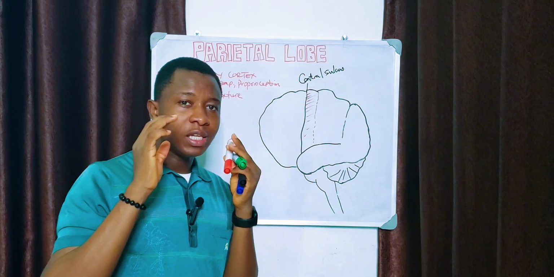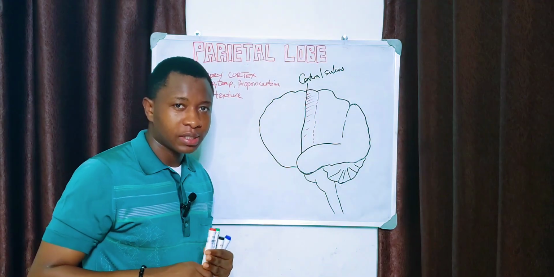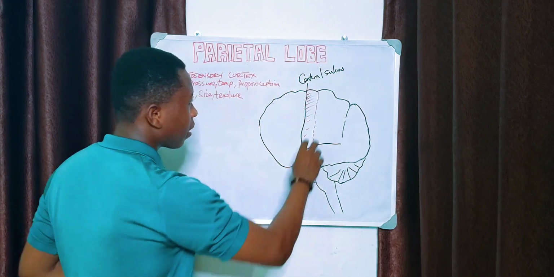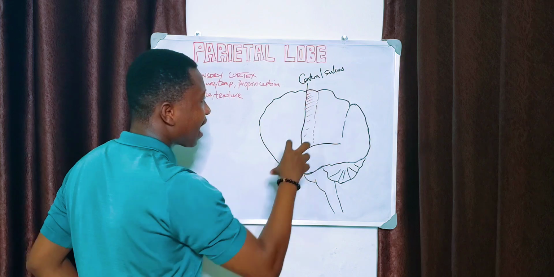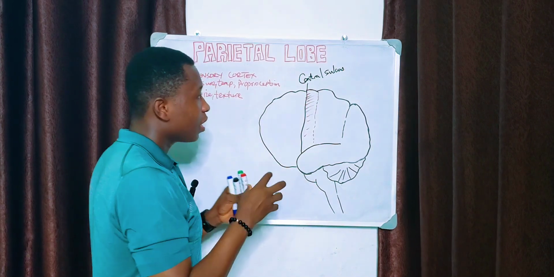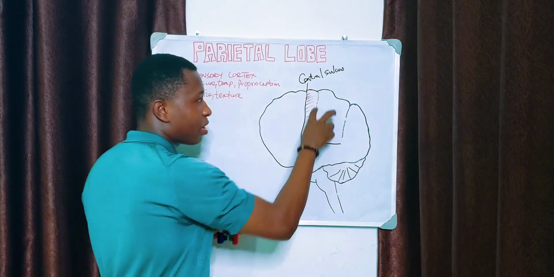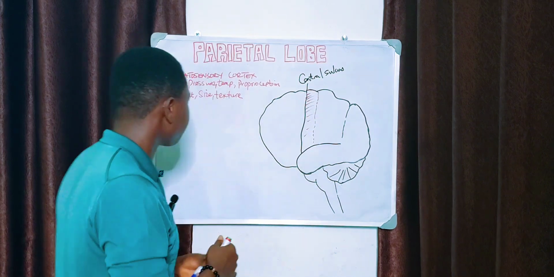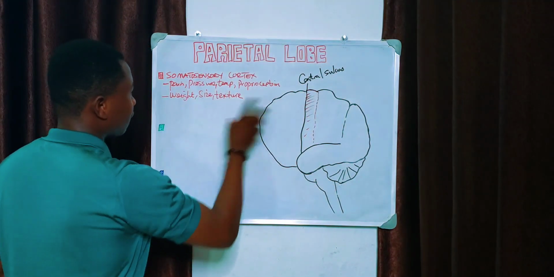So that is the 2-point discrimination test. Okay, so there are parts that are heavily mapped out for sensory information in the parietal cortex. Okay, now that is that for the sensory cortex.